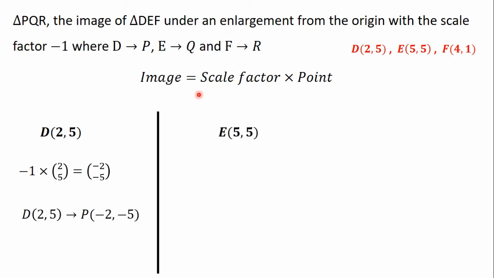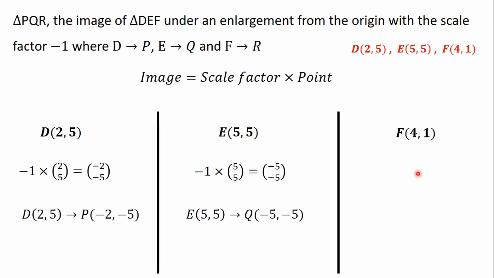Let's move on to point E. Point E has the coordinates 5, 5. So when we enlarge it from the origin with a scale factor of -1, we are going to have -1 times 5, 5. -1 times 5 will give us -5. -1 times 5 will give us -5. So point E with coordinates 5, 5 will give us point Q with coordinates -5, -5. And finally, point F. Point F has the coordinates 4, 1.